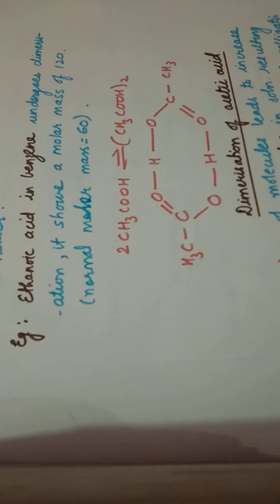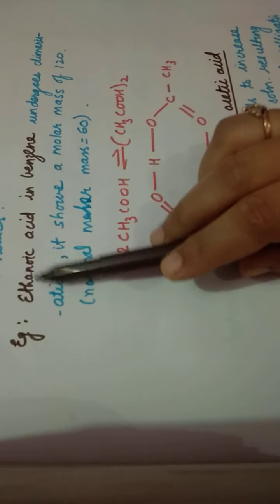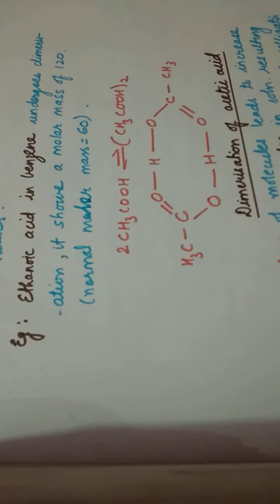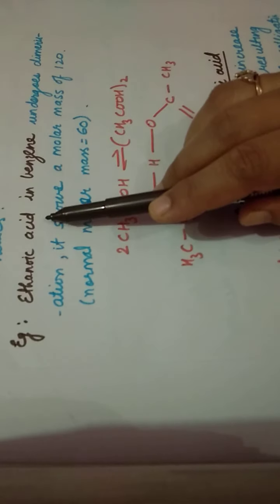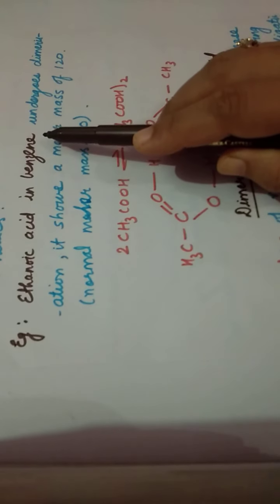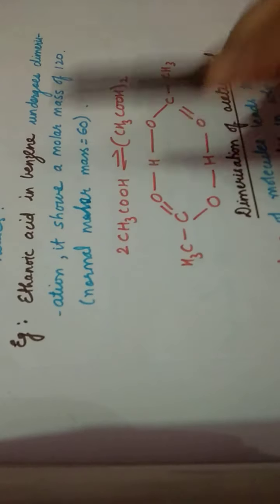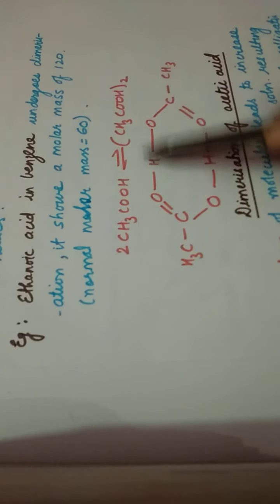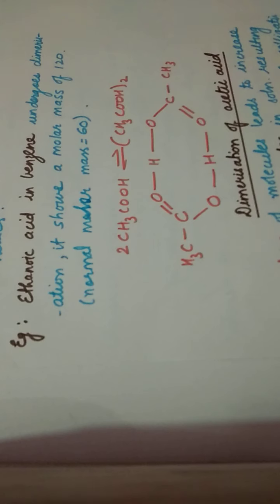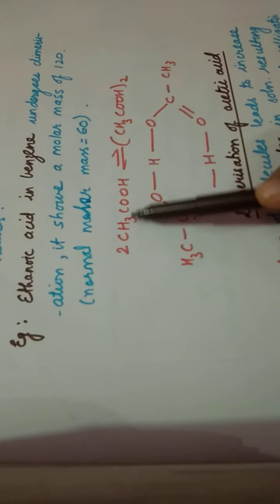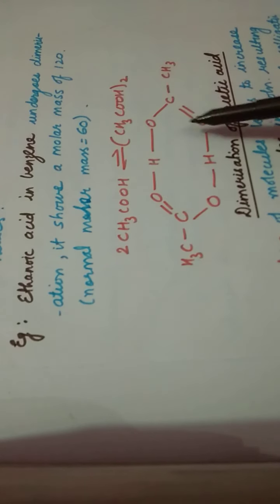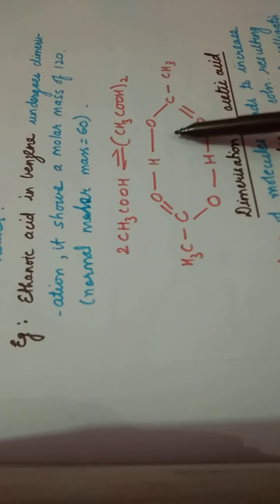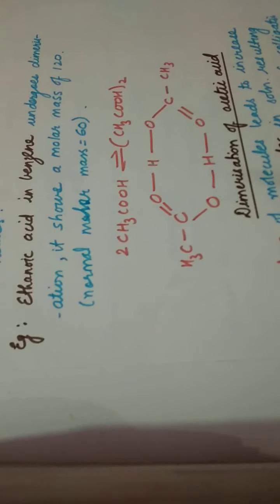For example, if you dissolve ethanoic acid in benzene, then this ethanoic acid will undergo dimerization. Dimerization, as the term indicates, they become double. Di means two. It means two molecules of ethanoic acid will combine together and they will dimerize.